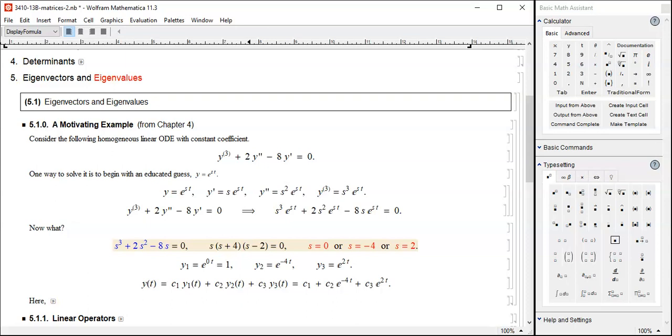Now, how do we use these eigenvalues? Again, another reminder. Let's go back to the original educated guess, e to the st power, where s is 0, -4, and 2 respectively. And we get these three solutions of the original equation, and these three happen to be linearly independent.